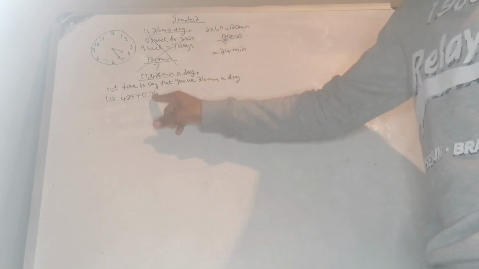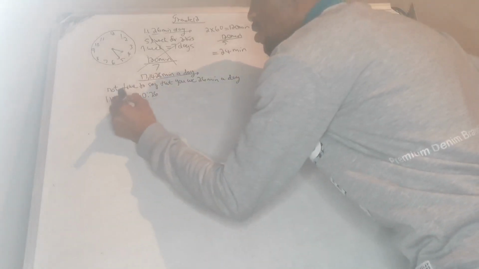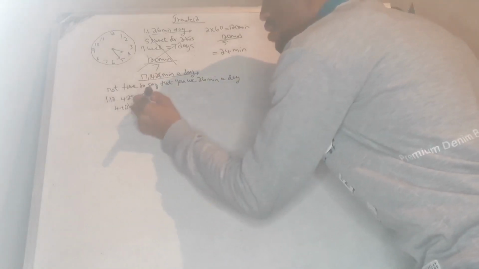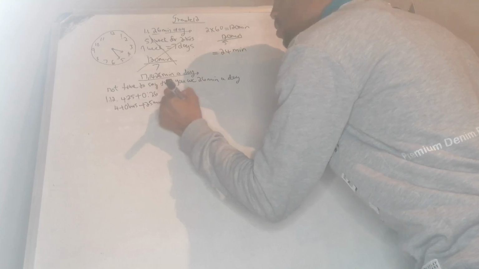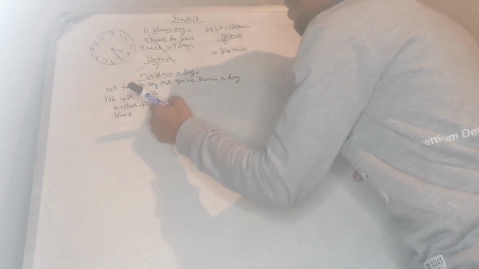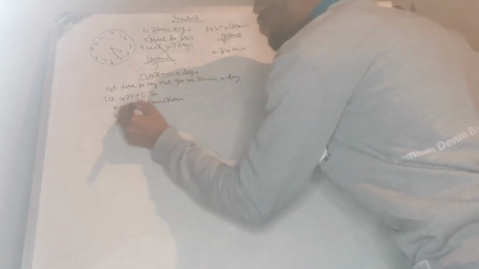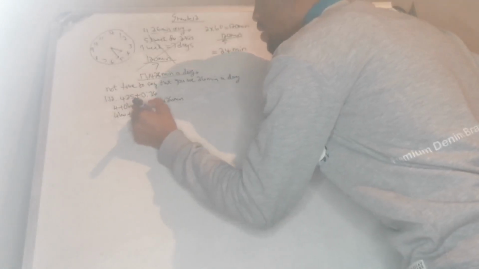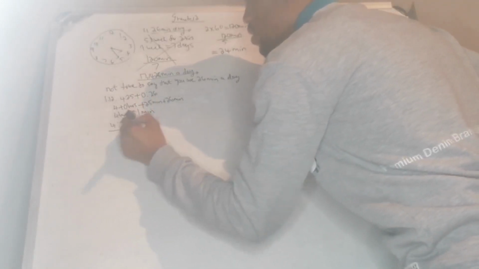Add hours to hours and minutes to minutes. So 4 hours plus 0 hours, and 25 minutes plus 26 minutes, which is 51 minutes.